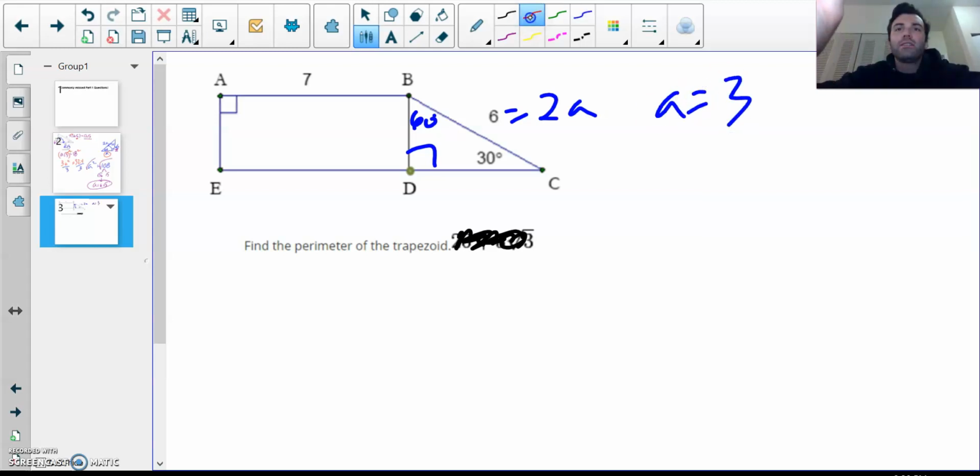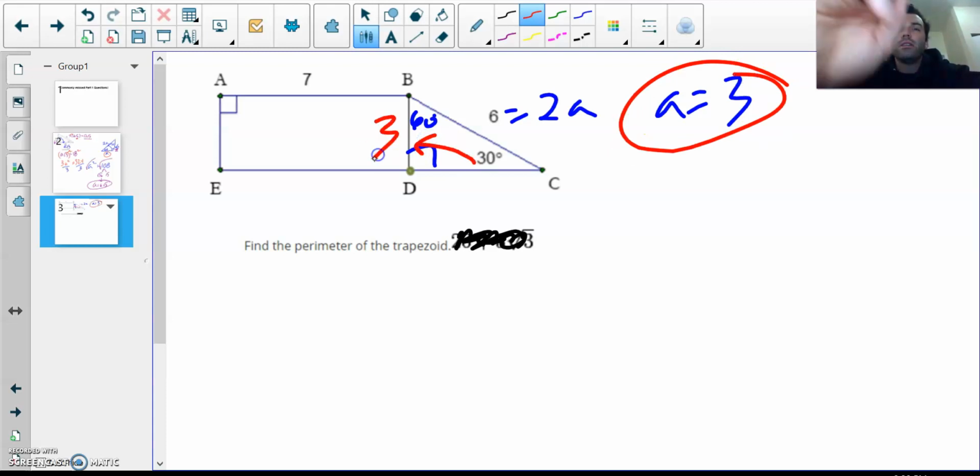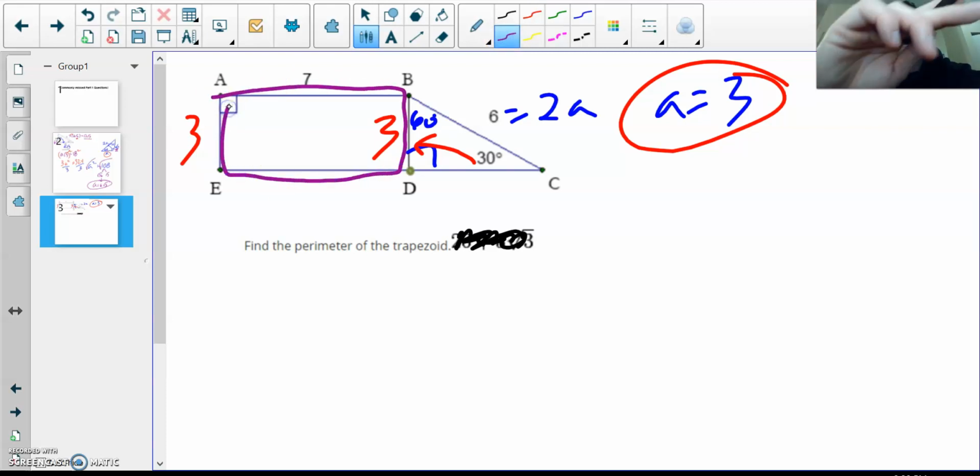If A is 3, then across from 30 is A, so that's 3, which makes this 3. It's a little rectangle, ABDE. This shape right here is a rectangle.